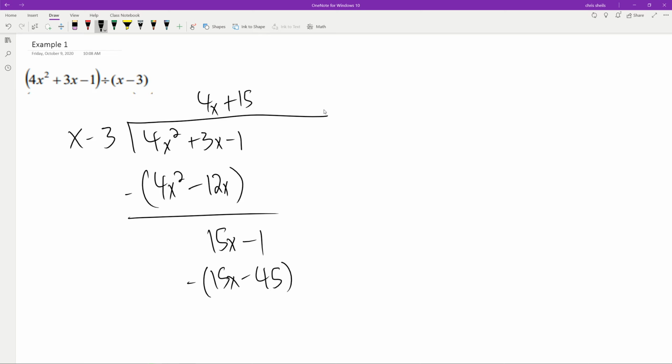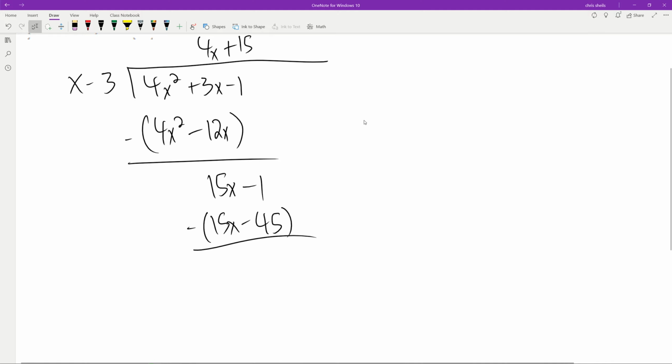I place parentheses around this and I'm subtracting. Negative 1 minus negative 45 is negative 1 plus 45. So this is going to be positive 44. I actually have a remainder of 44 here.